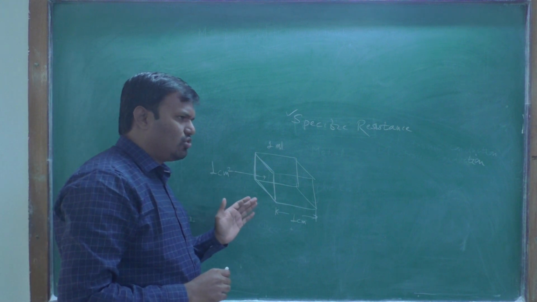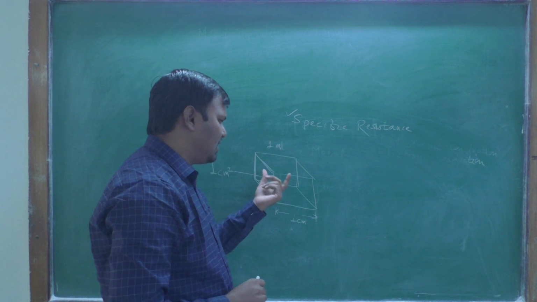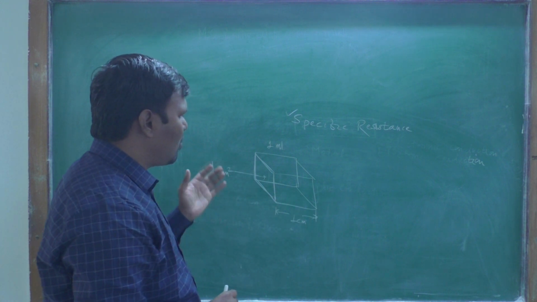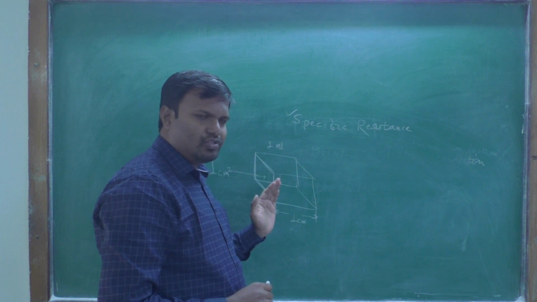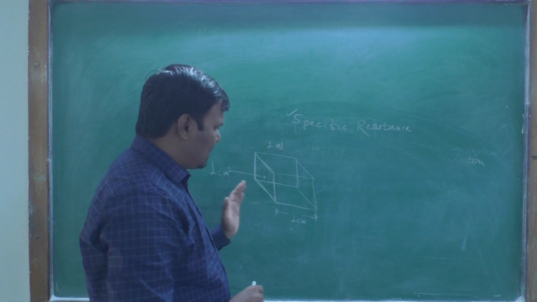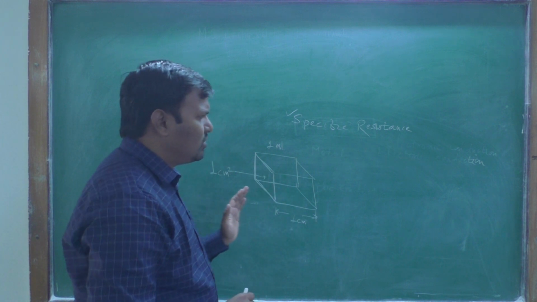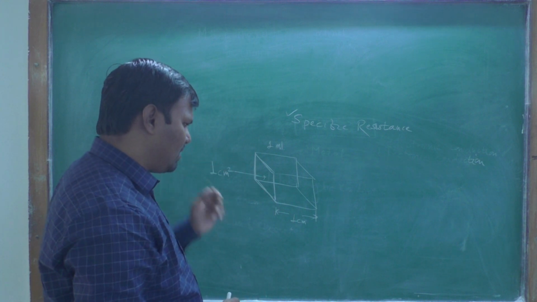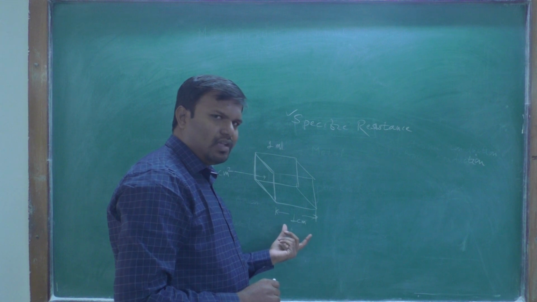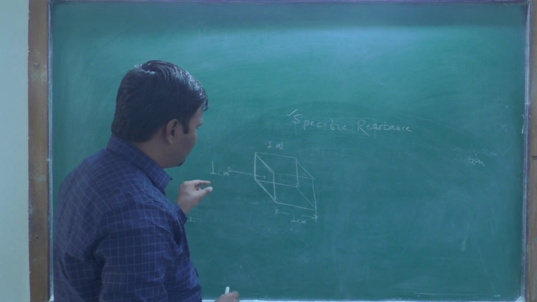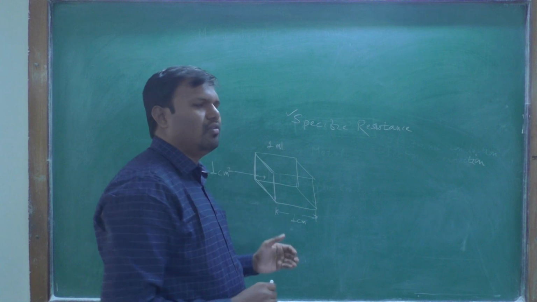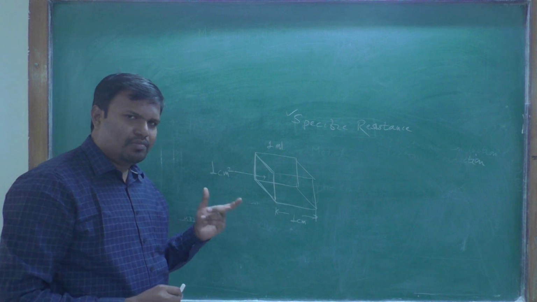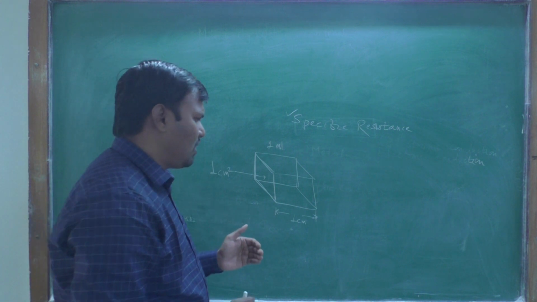Therefore specific resistance is offered by that particular length of 1 centimeter and cross-sectional area of 1 square centimeter, or 1 ml. Specific conductance is likewise offered by that 1 centimeter length and 1 square centimeter cross-section.